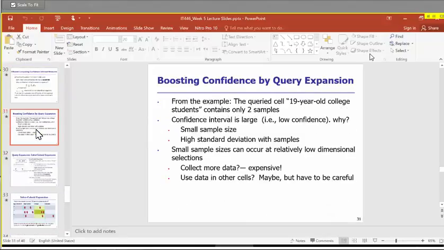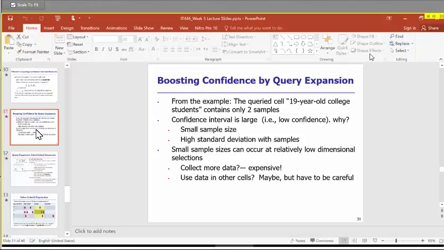The query cell, a 19-year-old college student, contains only 2 samples. So the confidence interval is very large, which means that we have low confidence. Why? Because the sample size is very small, only 2 boys are there, and we also have high standard deviation within the samples.